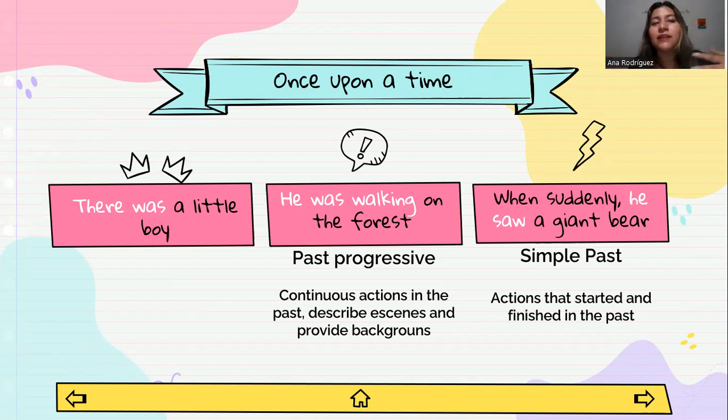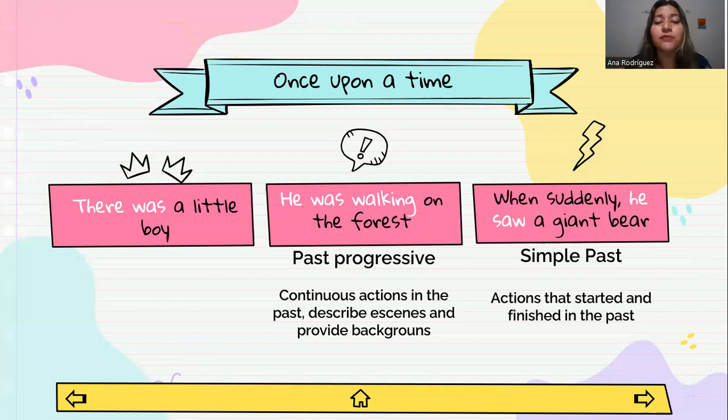So when we describe something, we use narrative tenses, and the two main narrative tenses are past continuous and simple past. As you can see, past continuous means that we are describing continuous actions in the past, okay?